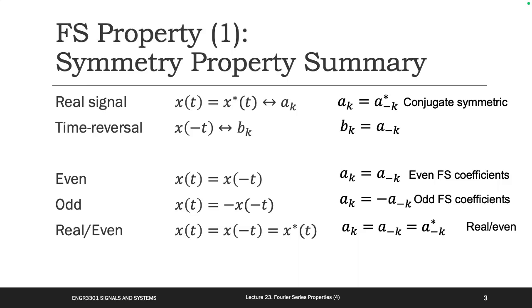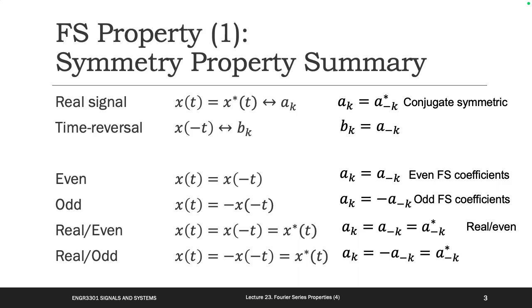For the real and odd signals, we have these properties for the FS coefficients, which means the FS coefficients are imaginary and odd. Why is it imaginary? Because this one equals this one. Why is it odd? Because this one equals this one. That makes sense to you?